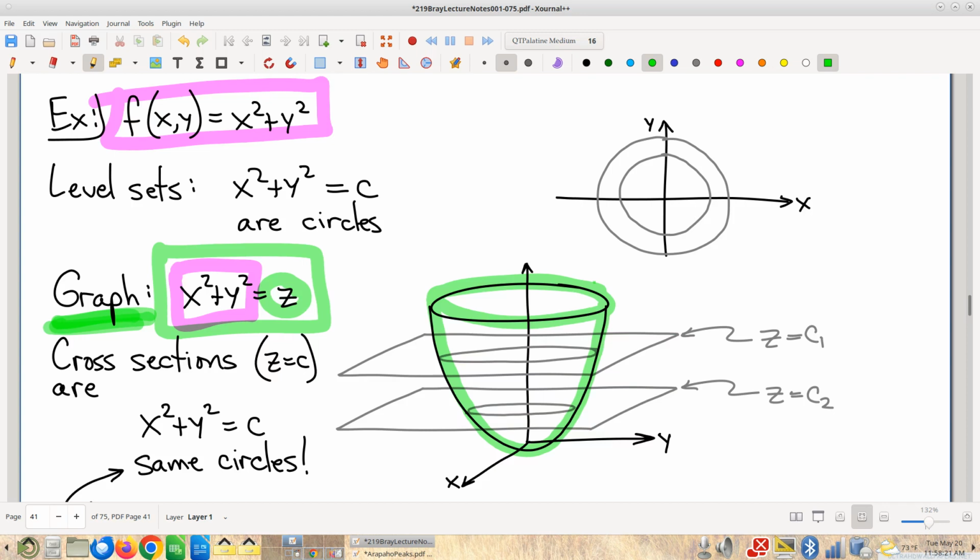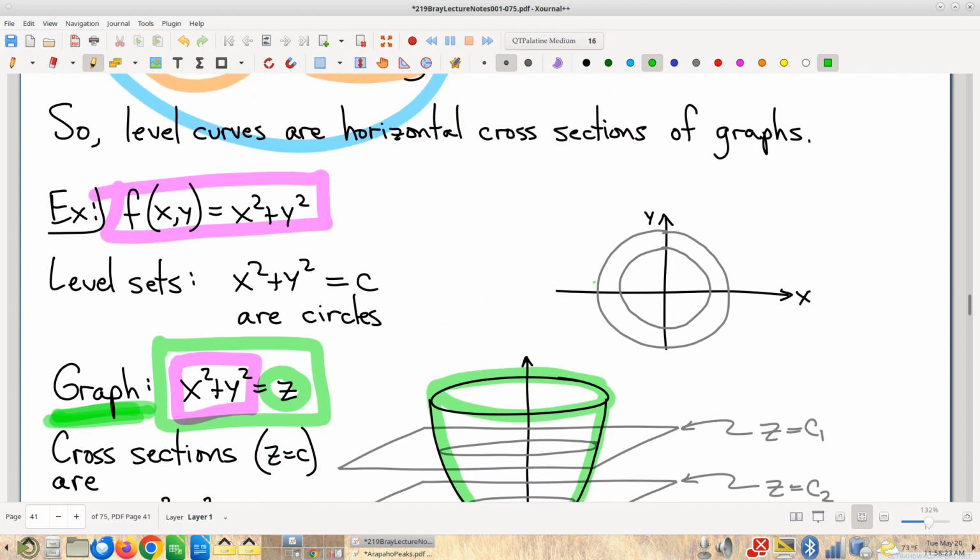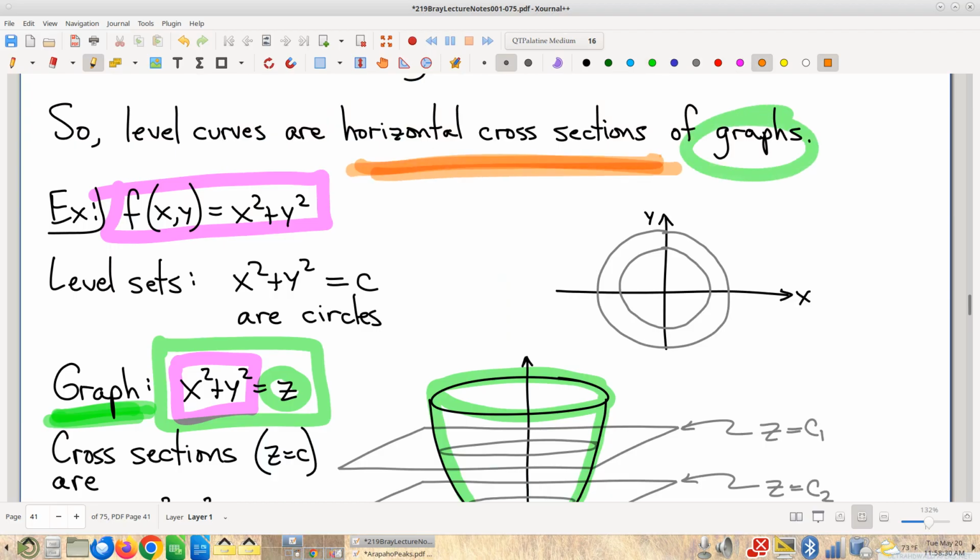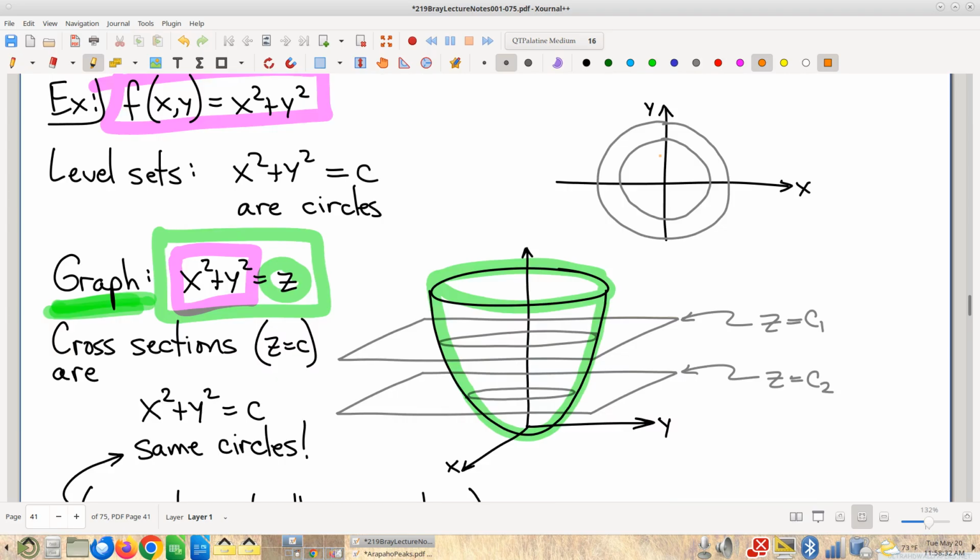Let's think now, as indicated up here, if I were to take that graph, and if I were to take a horizontal cross-section of it, horizontal cross-sections, like so, right? Well, then the function z is equal to c, so the function's equal to c, and I get these circles.